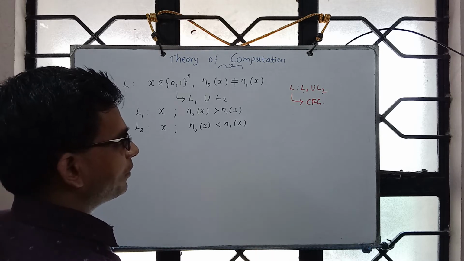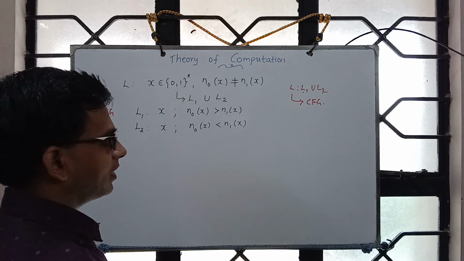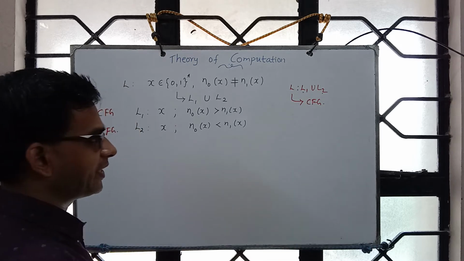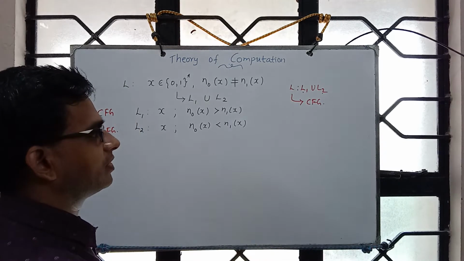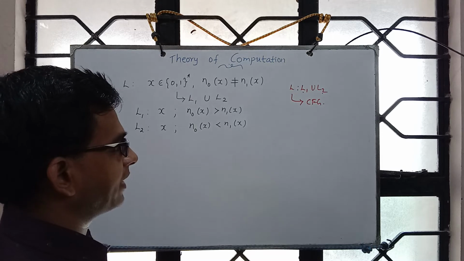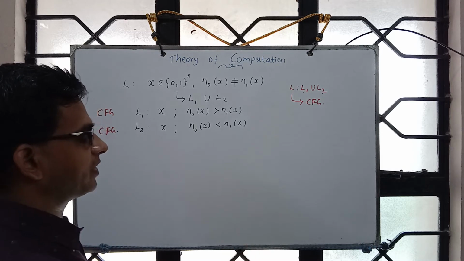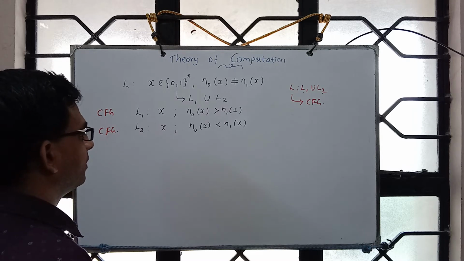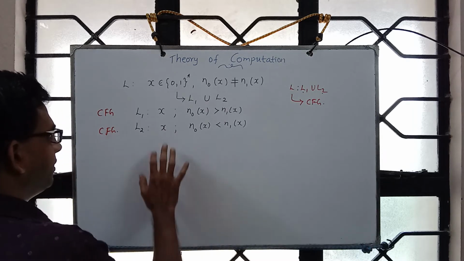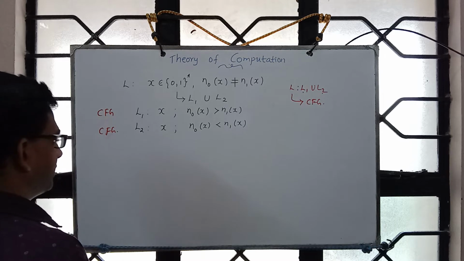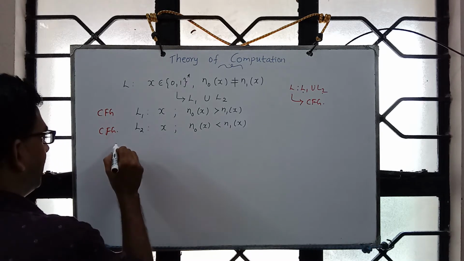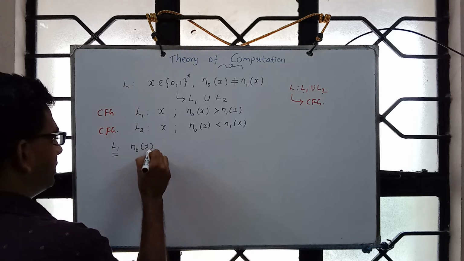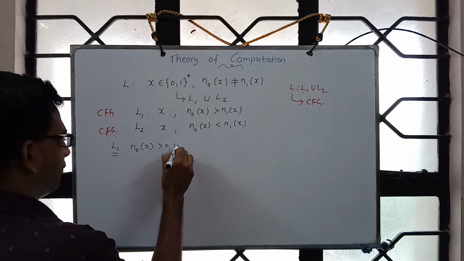Now it is interesting to ask about other set theoretic operations such as concatenation, intersection, complement, and Kleene star, something that we have seen as part of regular languages. We shall look at that a little later, but let's pay attention to this. Let's look at L1: the number of zeros is more than the number of ones.